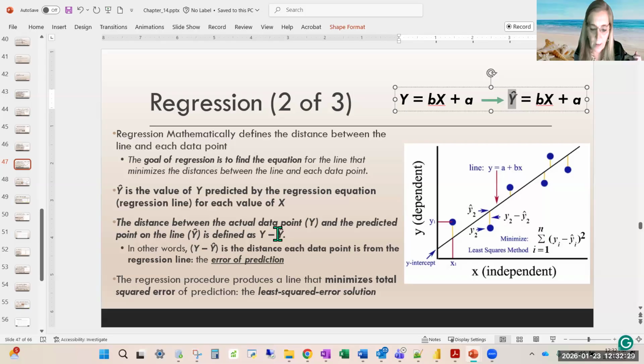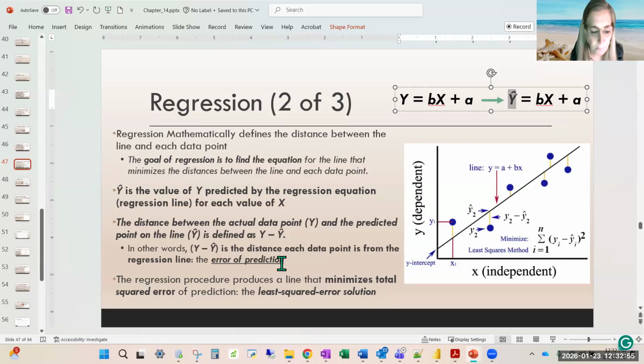You might think of y as like a mean, an average, right? In other words, y minus y hat is the distance each data point is from the regression line. It's called error of prediction. The regression procedure produces a line that minimizes total squared error of prediction, the least squared error solution.